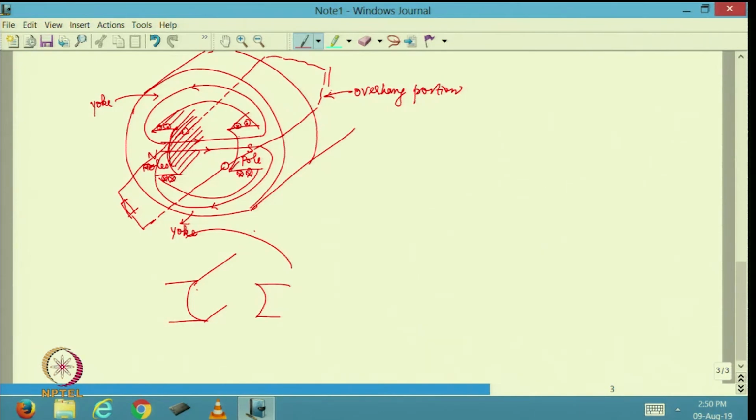After that, wherever I have the conductor, it is going to bend like this and then come back like this. This overhang portion becomes useless, but it is a necessary evil, because otherwise I will not be able to get the conductor back. Now, if I look at one conductor side here, the other conductor side here, together this entire thing is known as one turn, complete turn. So, one turn consists of two conductors. Two conductors make up for one turn.